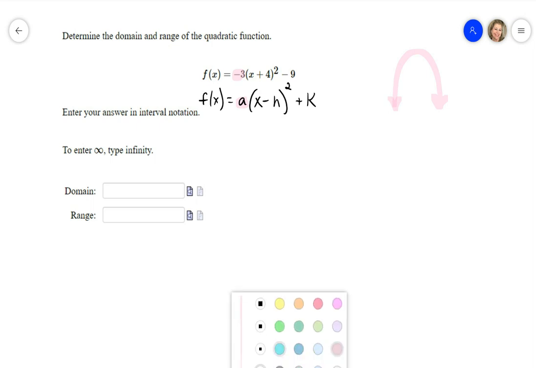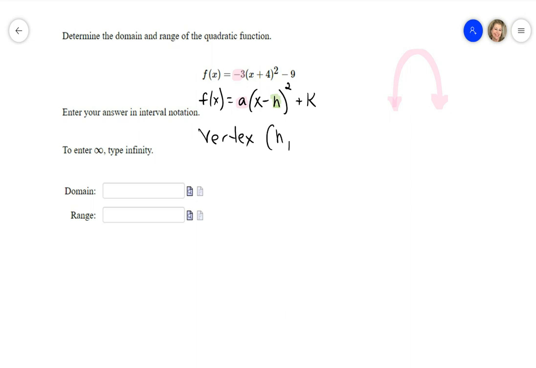Second, whatever h is, that is the x coordinate of your vertex. So when it's in this form, the vertex is always located at h, k.